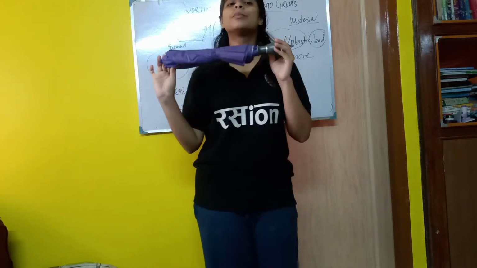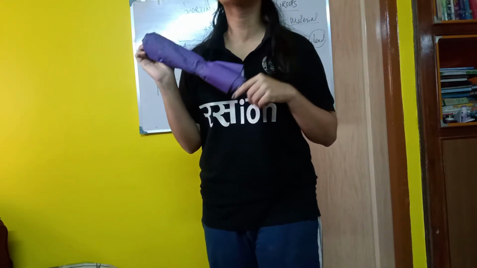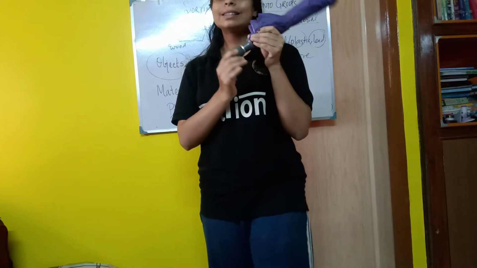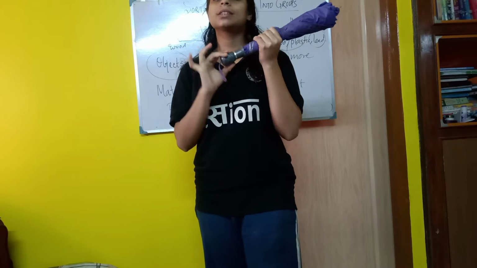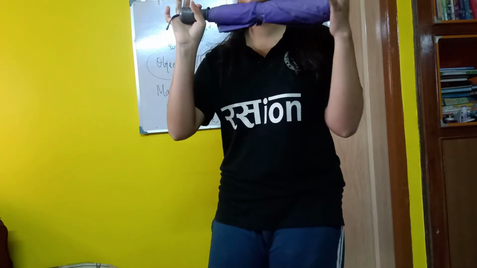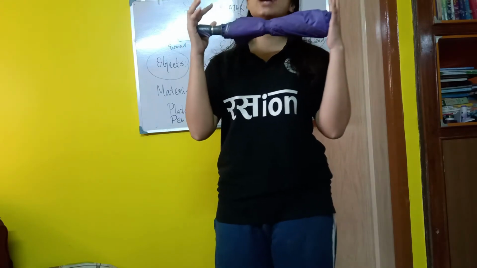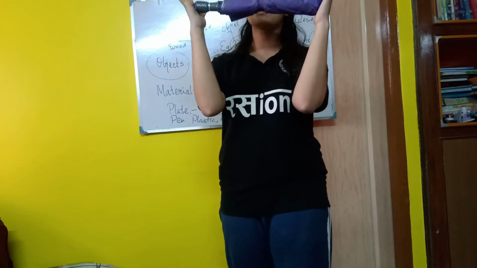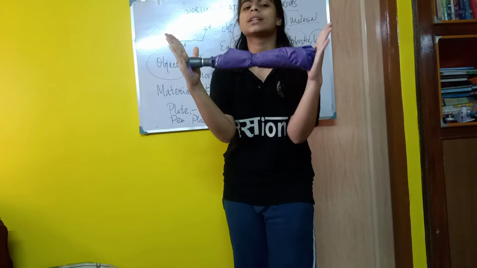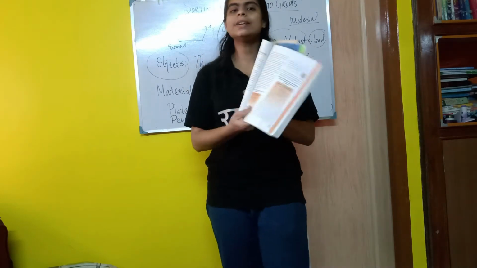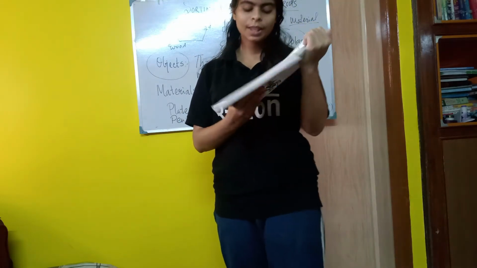For making this umbrella we need the basic things: the cloth, this rod and this plastic body. These basic things are called materials, and from these materials we are making something, an umbrella. This umbrella is an object.